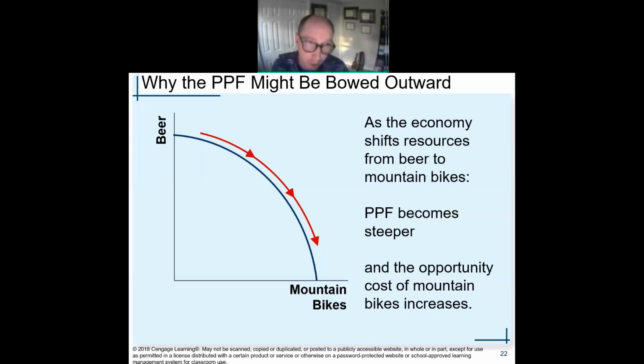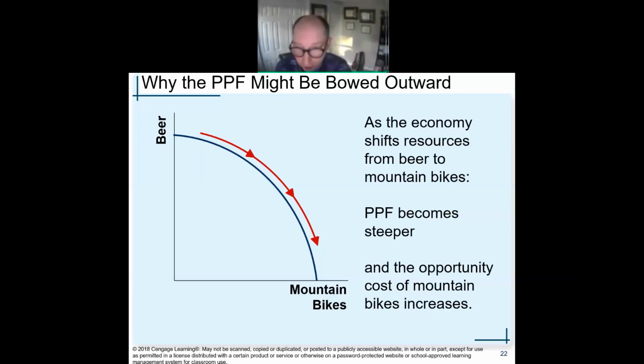Okay. People will ride more mountain bikes and drink less beer during the summer. Yeah, maybe not. I don't know. But that represents a shift in the economy, a shift in taste, a shift in consumer preference.